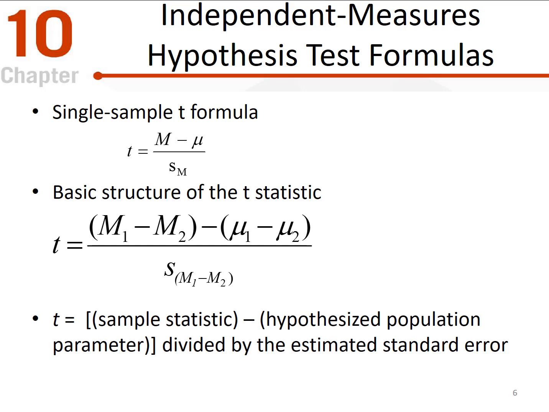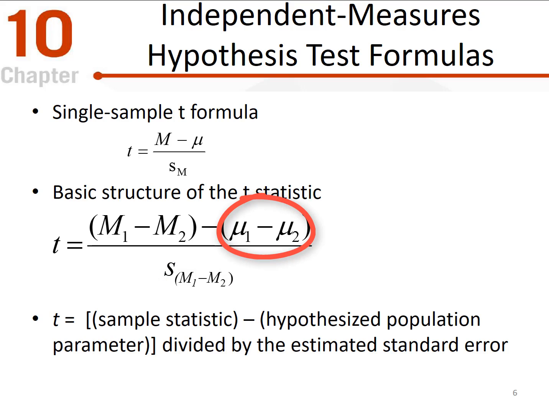So the basic structure of the t-statistic for independent samples is now we have to consider the mean for both samples, the population means of the hypothesis that there is no difference, and then also the standard error, again now for two samples. So the t formula for the independent measure hypothesis test reads sample statistic minus hypothesized population parameter divided by the estimated standard error.